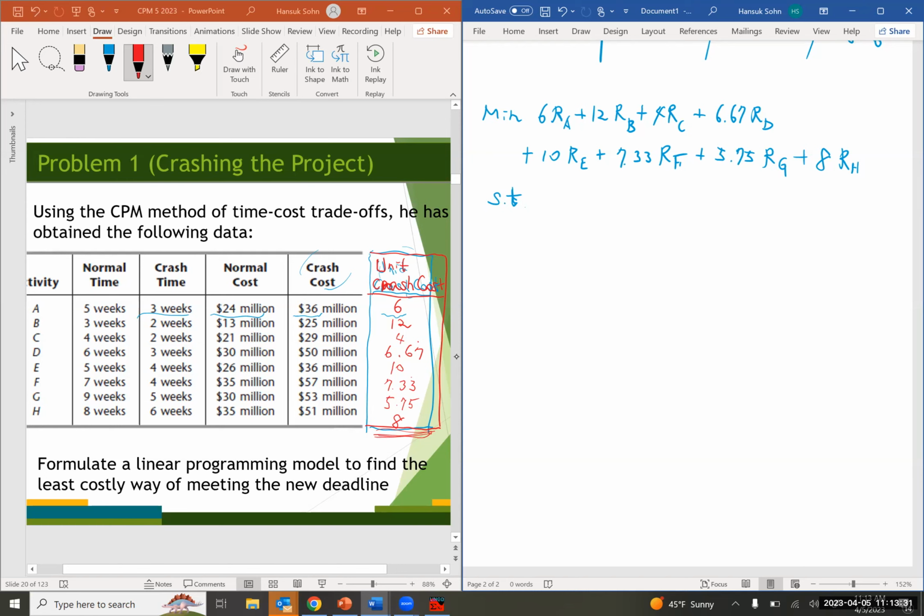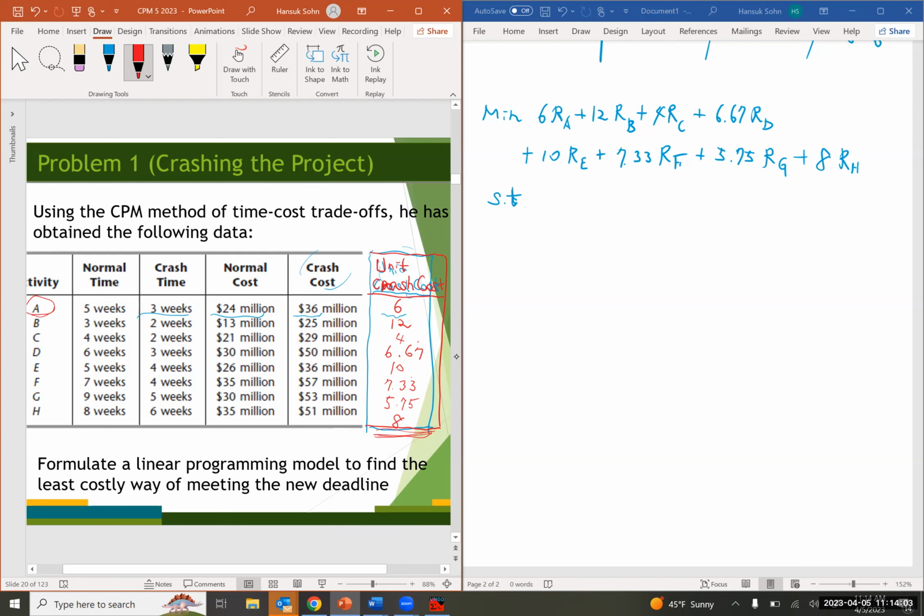So according to this table, we can see that by allocating these additional funds to an activity, the duration of activity A can be reduced by at most how many days?